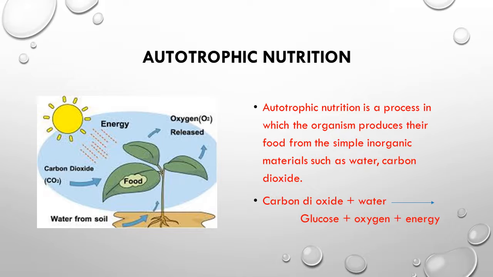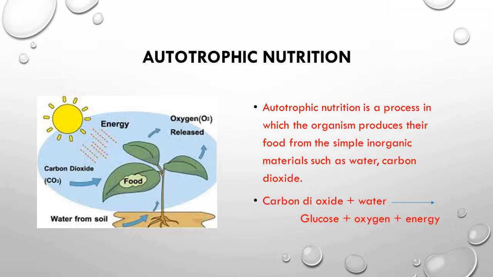Autotrophic nutrition is the process in which the organism produces its food from simple inorganic material such as water and carbon dioxide. So children, they take water from the soil, and carbon dioxide from the atmosphere.